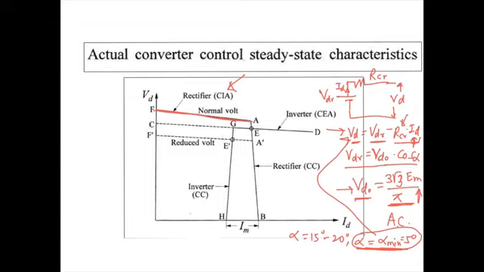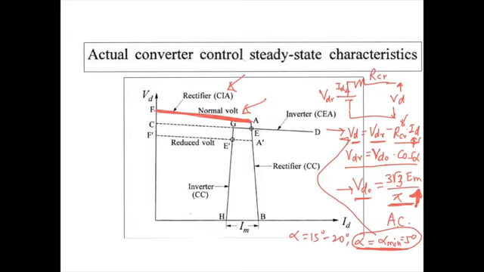Now we can notice that if this AC supply has reduced, that is, if the magnitude of AC voltage reduces, then this rectifier characteristic can move in a downward direction.